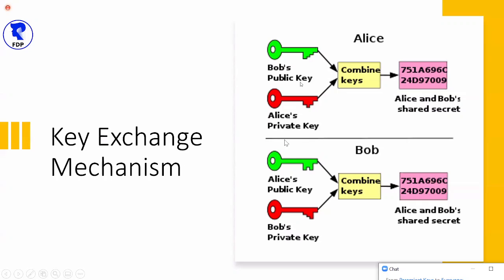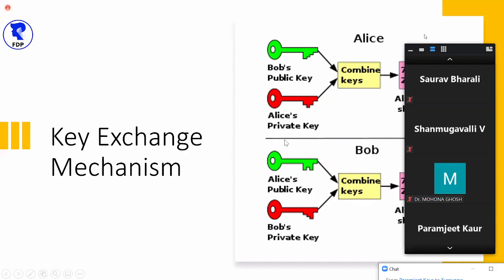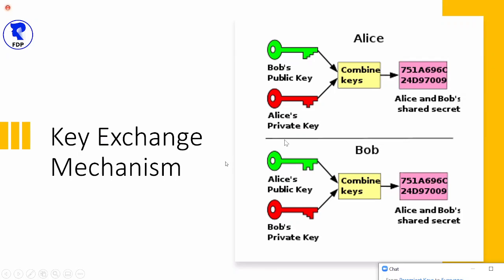So Alice has Bob's public key, and Bob has Alice's public key. Alice does not have Bob's private key, and Bob does not have Alice's private key. Still, they can communicate with each other using the shared secret. So that's how the usual key exchange scheme works. The Diffie-Hellman algorithm is one of the most popular algorithms for doing that.